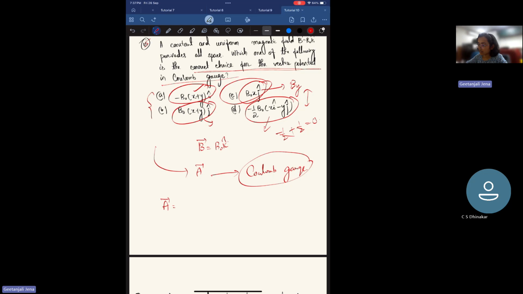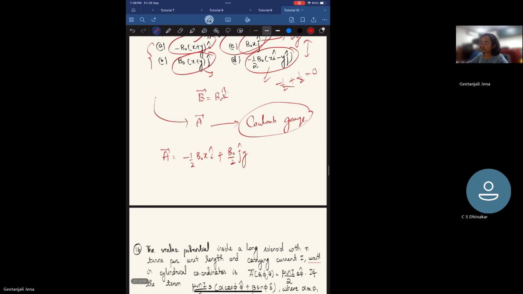If you take A is minus 1, B0, let us take out B0 by 2. So this will give minus 6 and this will give y.